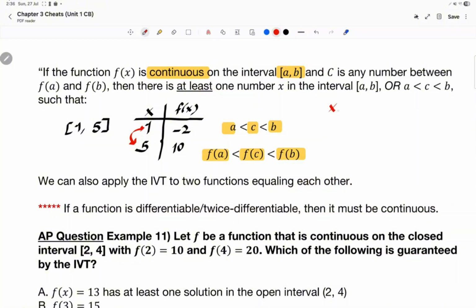So that means when x is 3, f of 3 is going to be bigger than negative 2, but less than 10. Because 3, you see 3 is between 1 and 5. So f of 3 is between negative 2 and 10. That's called the IVT theorem. The function has to be continuous. Only continuous. Okay?